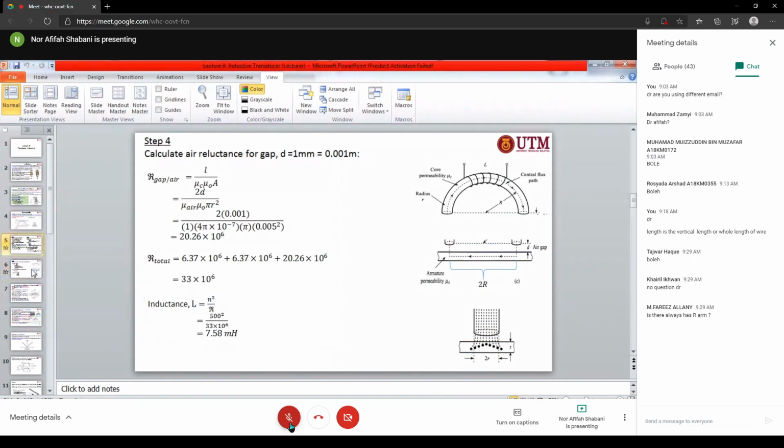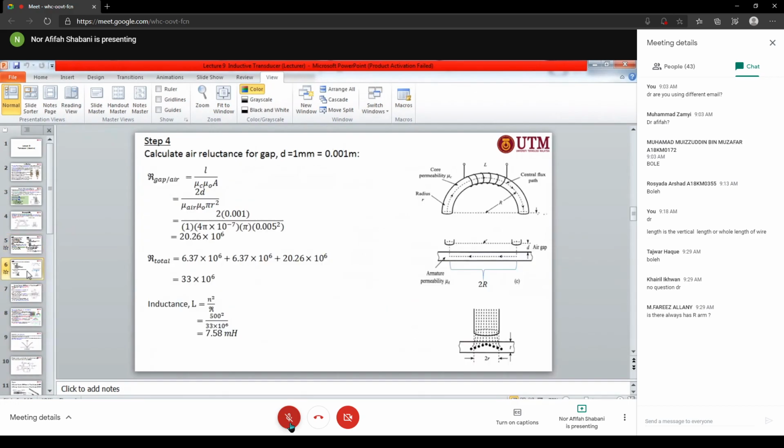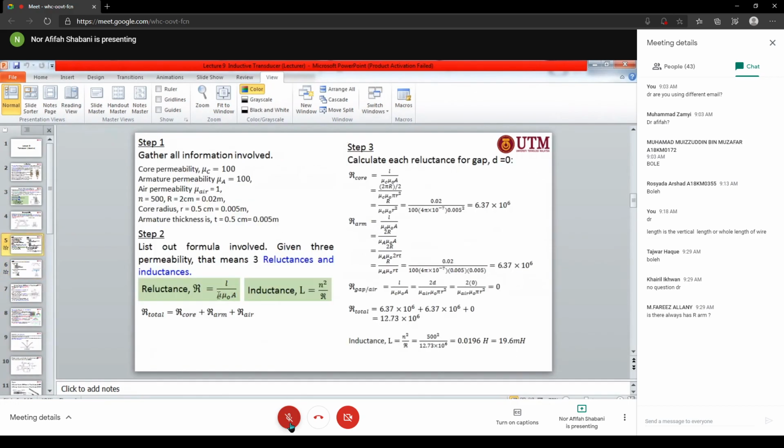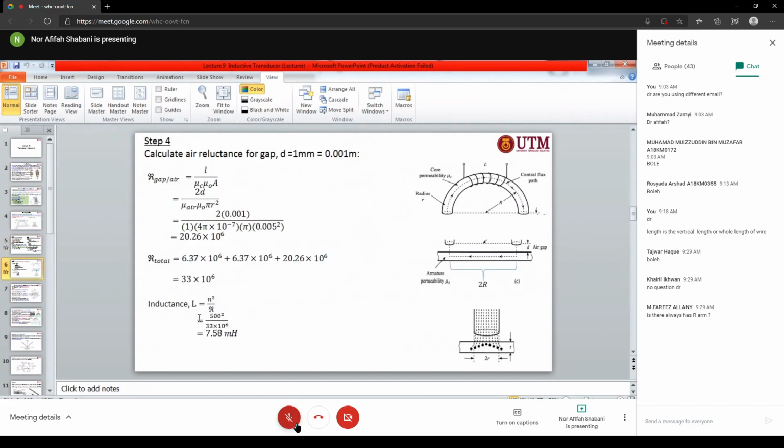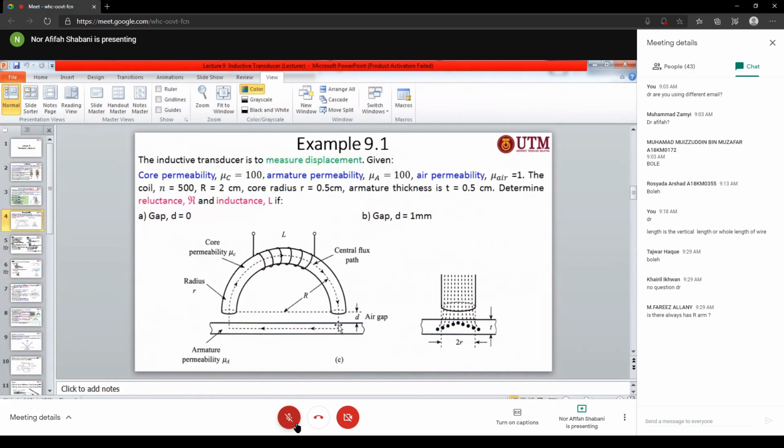If you compare with this one, what happened is the inductance will be decreased. Why? Because the reluctance will increase, so that means the inductance will decrease. So this is the concept if you are going to measure a certain object or certain mass using the concept of a variable reluctance sensor.